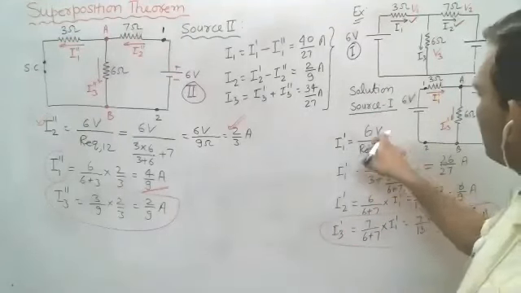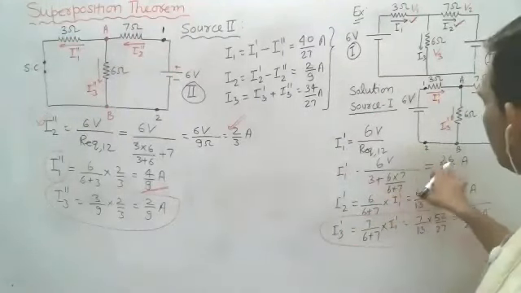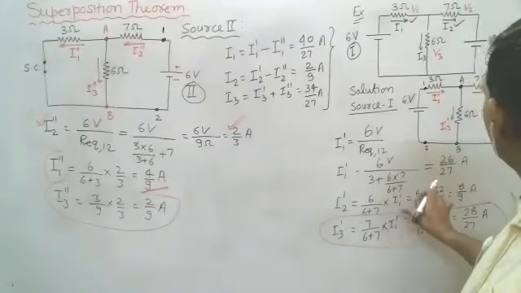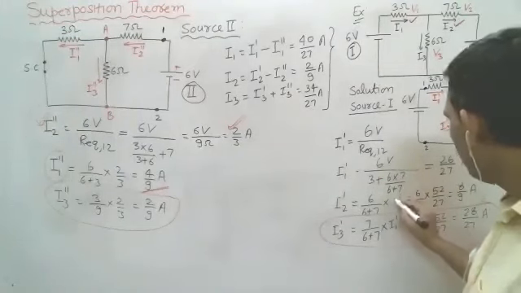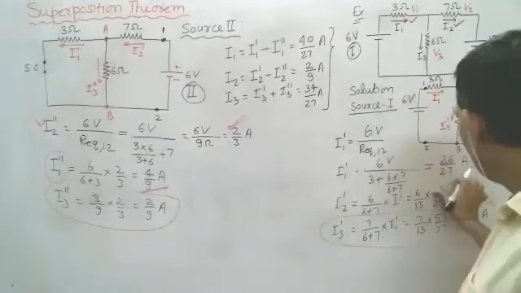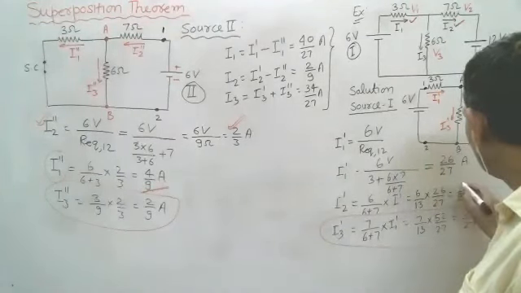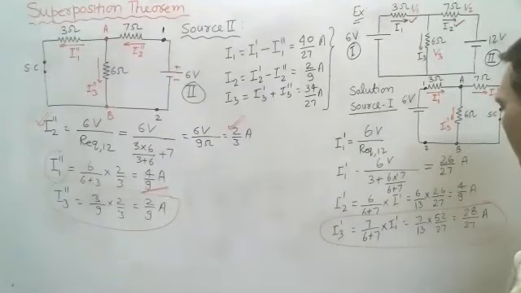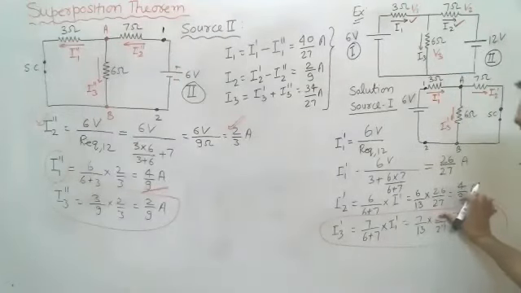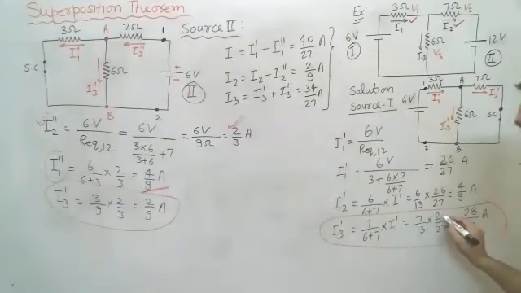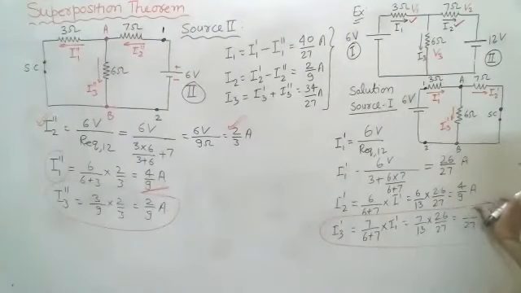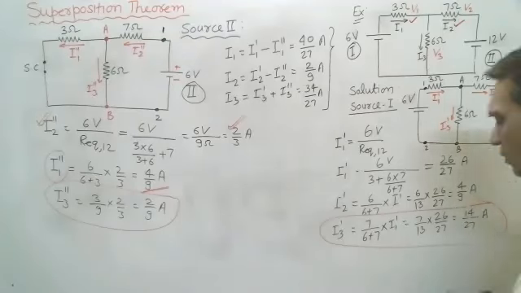Here I have taken 6 volt by R equivalent, so I1 dash is 26 by 27. If you take here 26 by 27, this will be 4 by 9. And I3 dash will be, I think, 14 by 27. Just check these values.